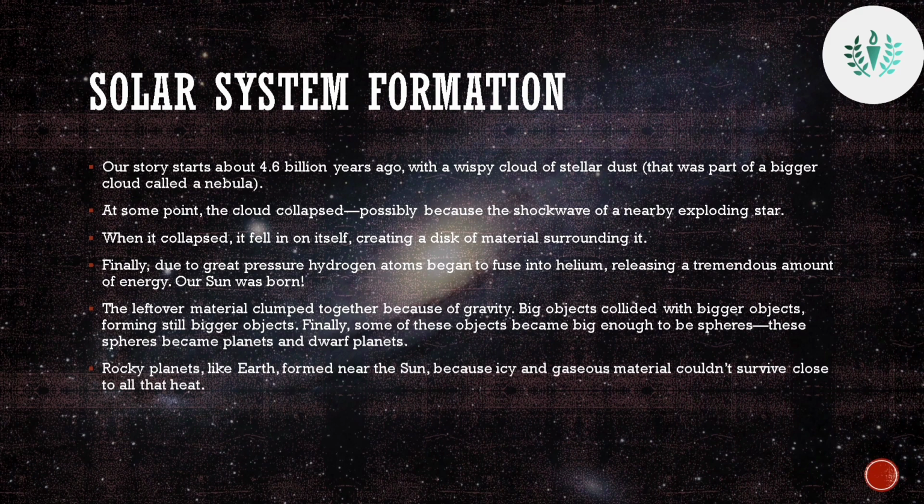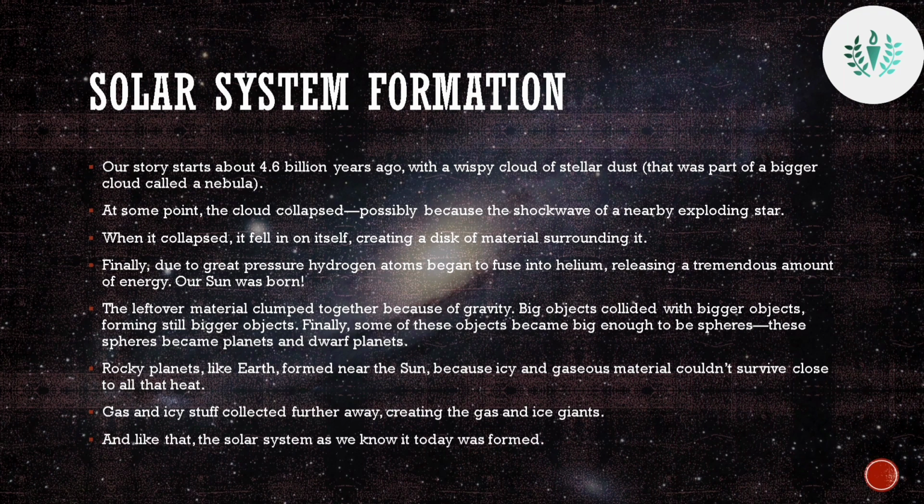The rocky planets like Earth formed near the Sun because icy and gaseous materials could not survive close to all that heat that the Sun produces. Gas and icy stuff collected further away, creating the gas and ice giants, while the solar system as we know it today was formed.